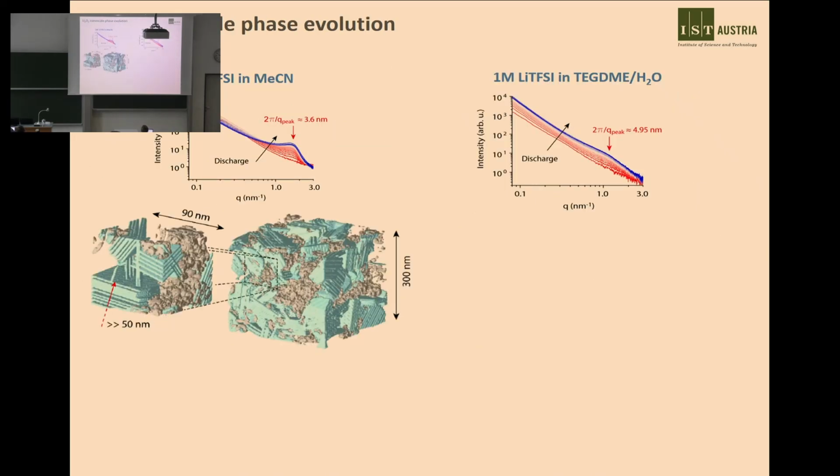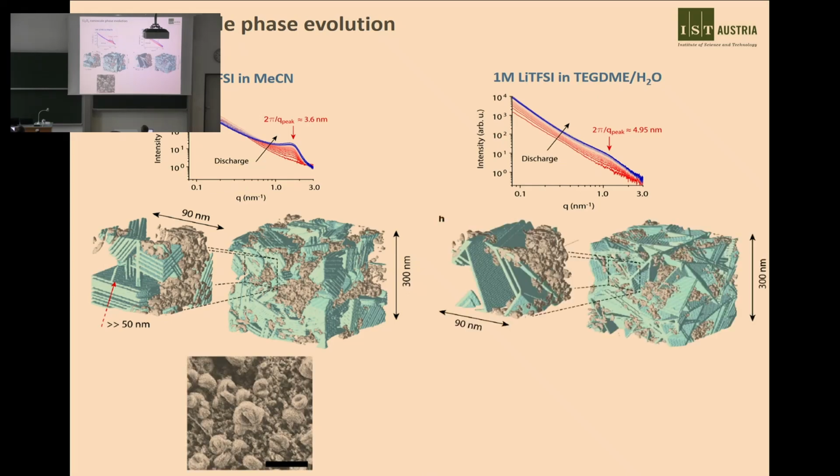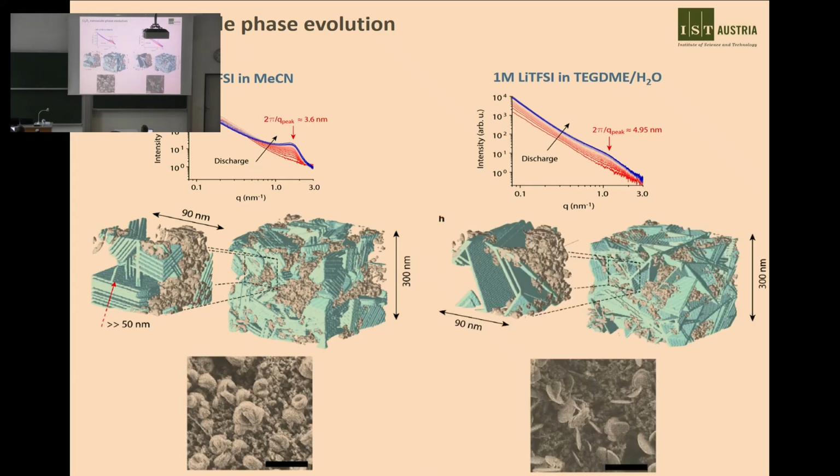For these two cases, we get different best fit structures. These are smaller platelets and more of them stacked, and this fits with what you see in the electron microscopy. So this is actually stacked plates. And in the other case, the best fit model predicts a few layers but largely extended, and this is also what we see in the electron microscope.